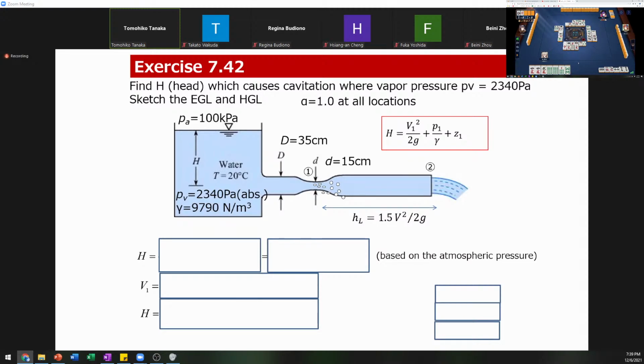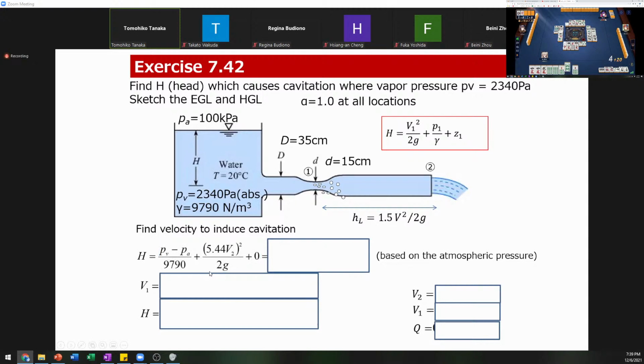Okay, I will explain this problem. Starting from the energy equation from 1 to 2, based on atmospheric pressure, you can describe the pressure term and also the velocity term, plus potential is 0. And you can also describe the position 2 plus the loss of head here.